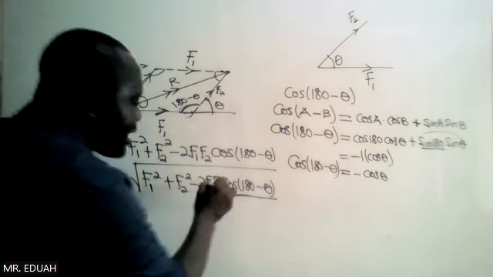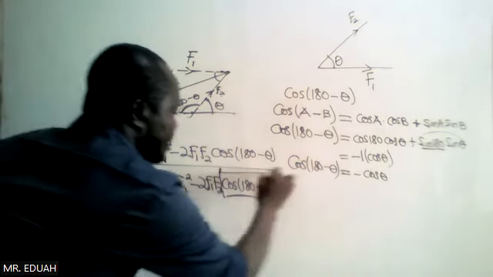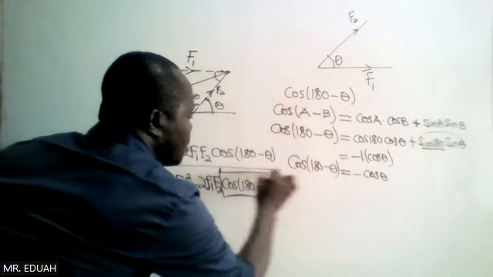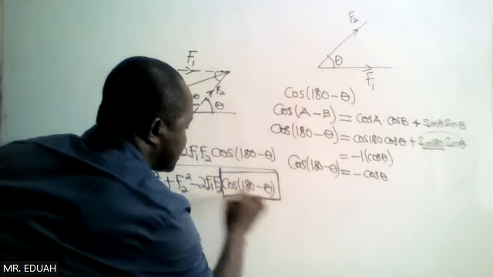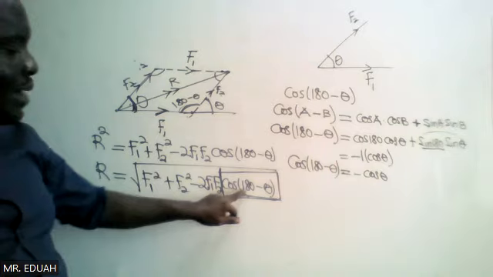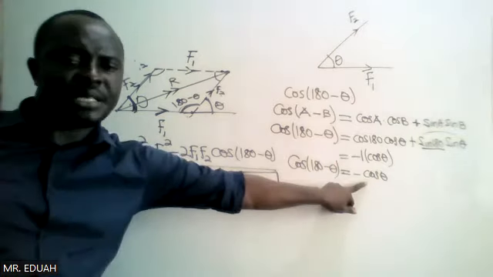So look at this whole thing within the box. Cos 180 minus theta is the same as this.